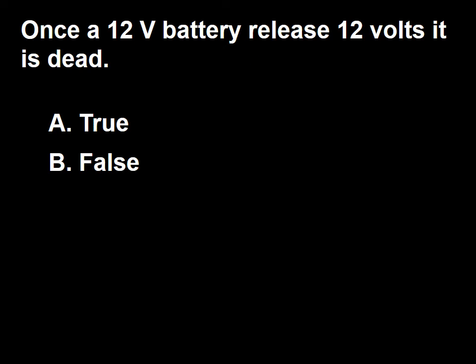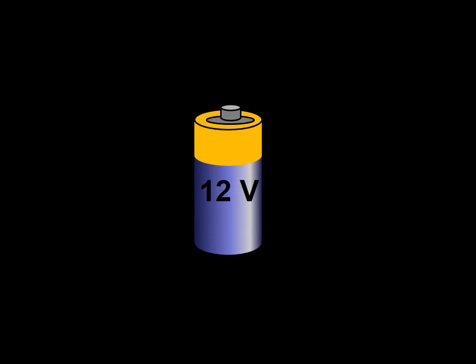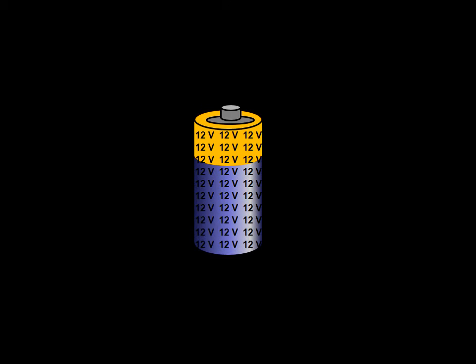Next question. Once a 12-volt battery releases 12 volts, it is dead. A, true, B, false. Batteries steadily release volts. A 12-volt battery can be thought of as containing many 12-volt packages. These packages are released over time, one package at a time.